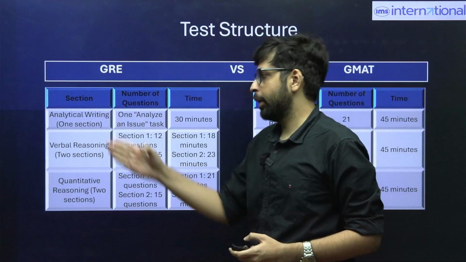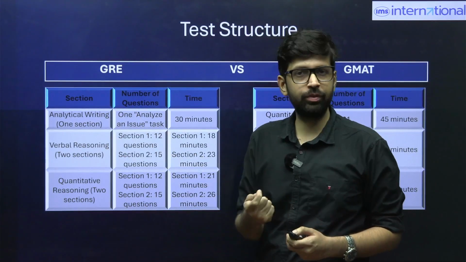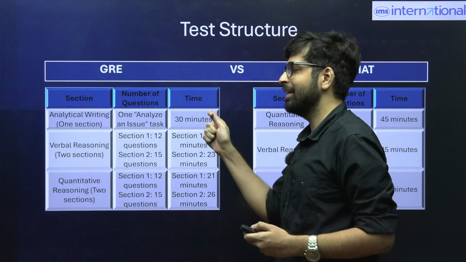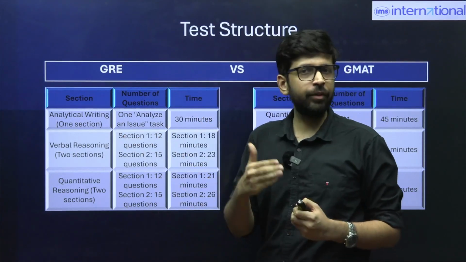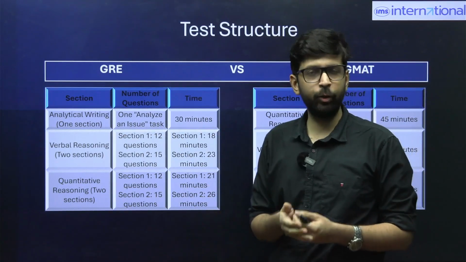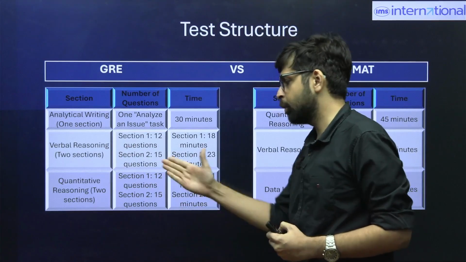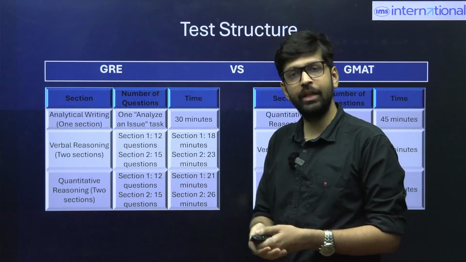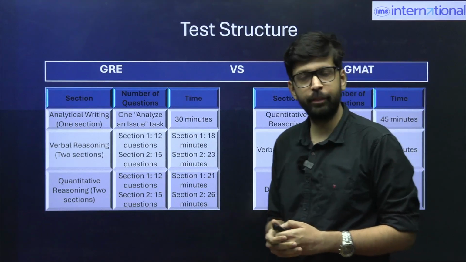In AWA, you will find an issue on which you have to write your views, and for that you will be getting 30 minutes. In verbal, you will find 2 sections with 12 and 15 questions, for which you get 18 and 23 minutes respectively to solve. And in quantitative reasoning, again you will find 12 and 15 questions, but over here you get 3 minutes extra with 21 and 26 minutes to solve them.